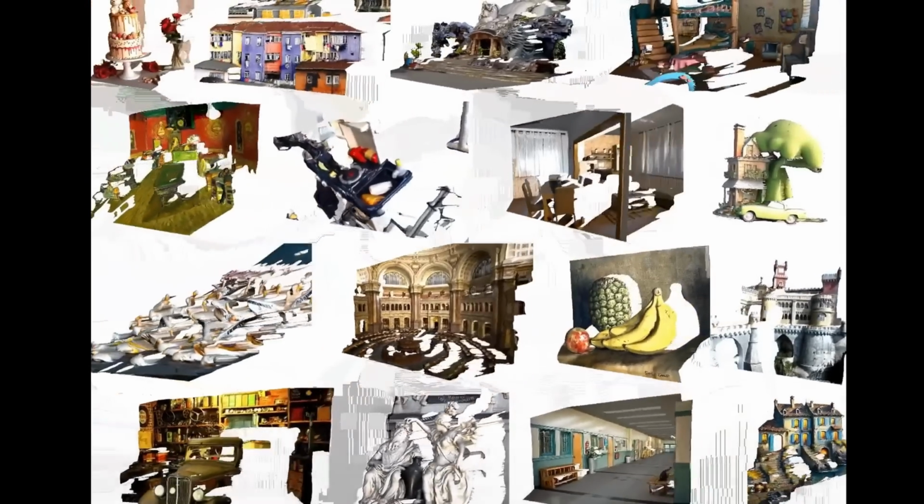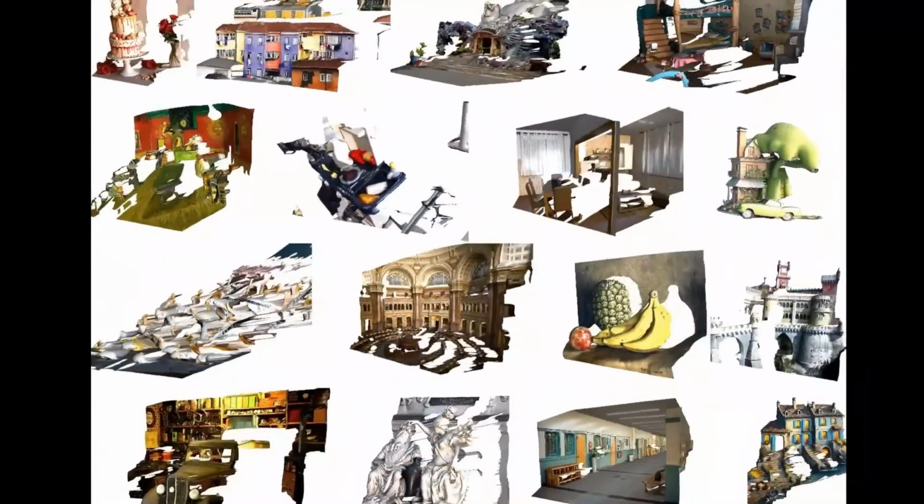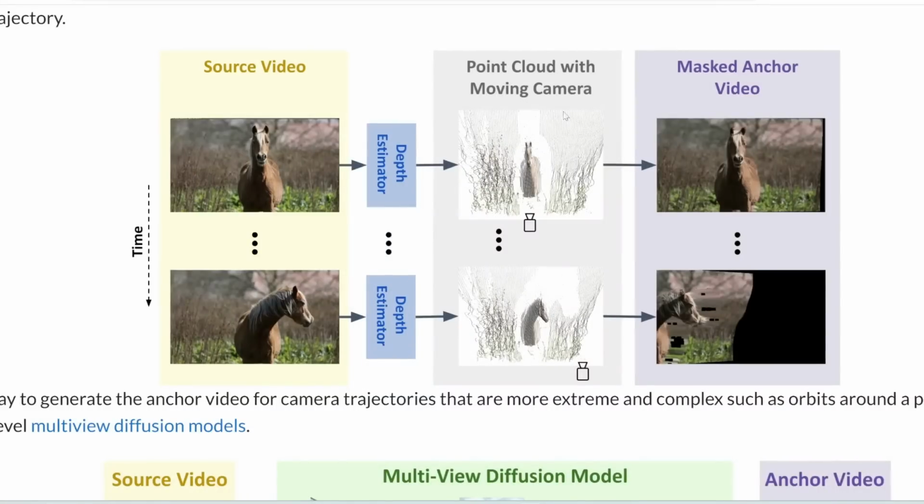In fact, Microsoft's MoGe tool, which I mentioned earlier, also creates these 3D point clouds, so it's essentially the same technology. Anyways, these point clouds are also created with an estimation of where the camera is in this 3D space. So based on the camera movements, which the user can specify, it can move this camera around to create a new video at a different angle. So that's one way to create an anchor video.